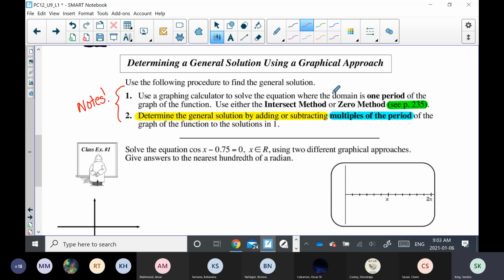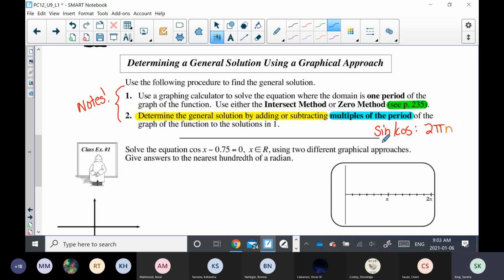Once you get your solution, this shows how you would get the general solution. What you do is add or subtract multiples of the period. And remember, for sine or for cosine, the period is 2 pi. That's why for sine or cosine, we add or subtract 2 pi n.